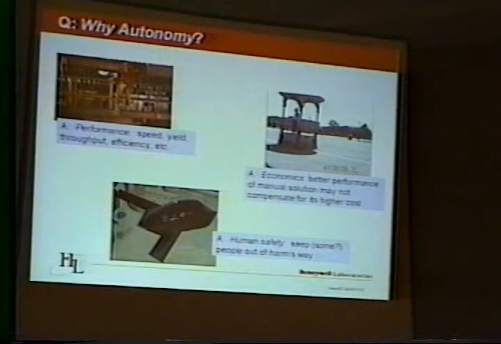The right-hand side shows another twist on this question. You may think that performance is everything, but in fact, you can think of interesting examples where we use automation, even though from a purely performance perspective, the automation really isn't as good as the manual solution would be. So I'm referring here to that obsolescent human who used to be standing on a platform in the middle of intersections directing traffic.